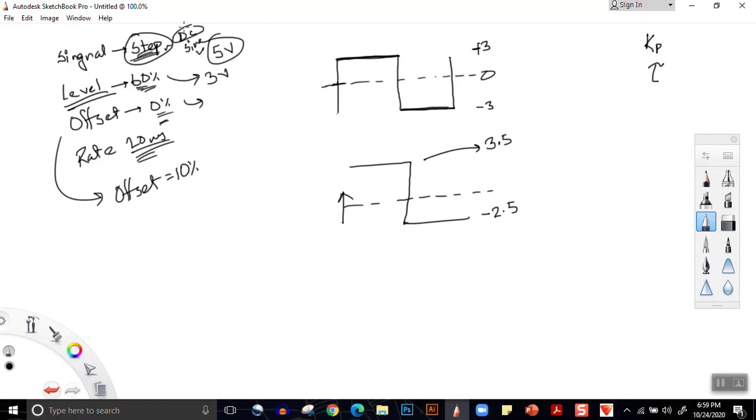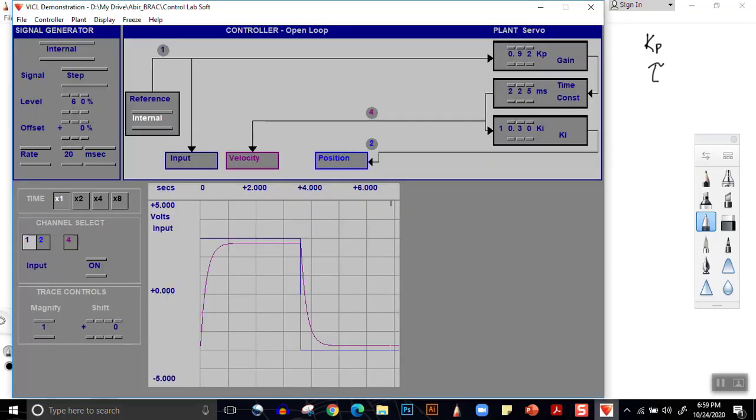In case of DC value, if the signal is chosen as a DC source, whatever is in the level does not matter. Only the offset matters, and offset is the DC value associated with it. Now let us look at the simulation software to understand what we are actually getting at. Here the level is 60%, so we can see that this is a 5-volt system.